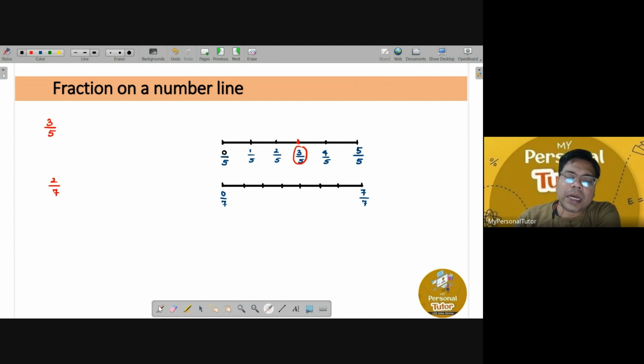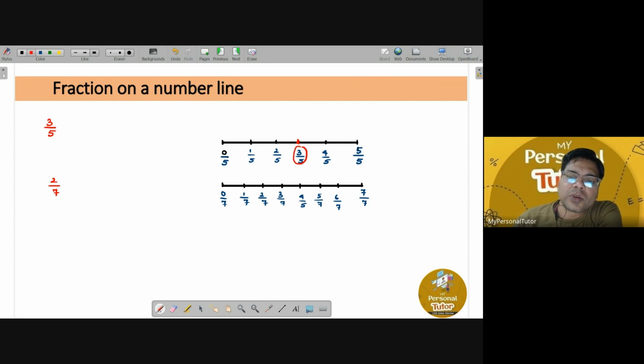Okay. Now what we have to consider, this number will be 1/7, right? Here it will be 1/7, this will be 2/7, this will be 3/7, this will be 4/7, this will be 5/7, this will be 6/7. Now we have to represent only 2/7.